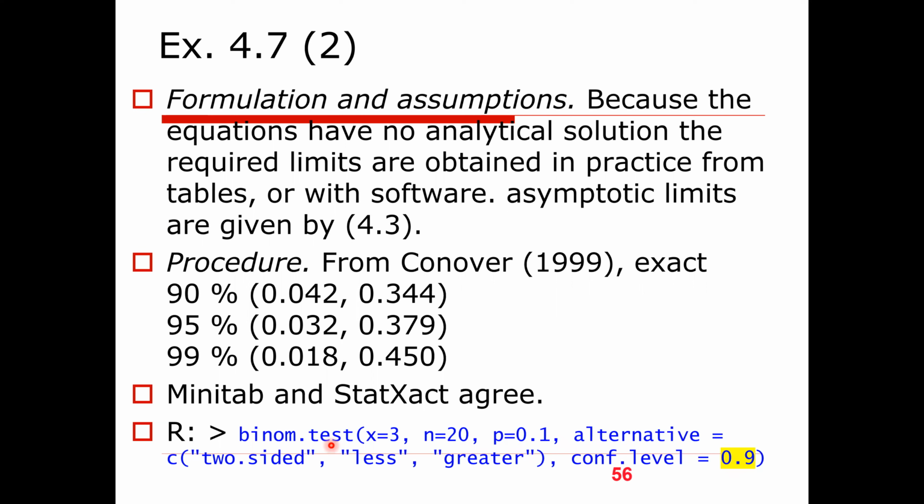We still use binom.test and define the number of one outcomes, the sample size, and then the failure rate. Then we need to define the alternative, whether one-sided or two-sided. For this, we define it as two-sided, less, and greater. And for the confidence level, we can change this value from 0.9 to 0.95 to 0.99.